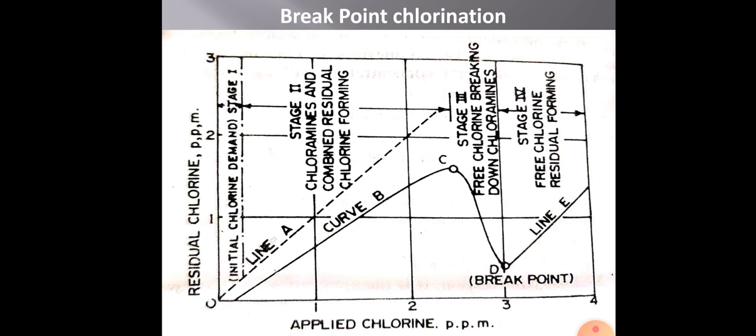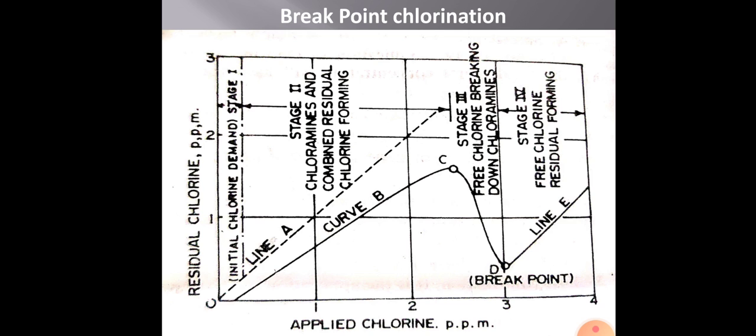It actually has great significance, because application of chlorine at a level lower or higher than the breakpoint chlorination will not have the same advantages, like removal of the taste and odor. Then it will have adequate chlorine residual. So there will be an increase in the amount of residual chlorine beyond the break point.